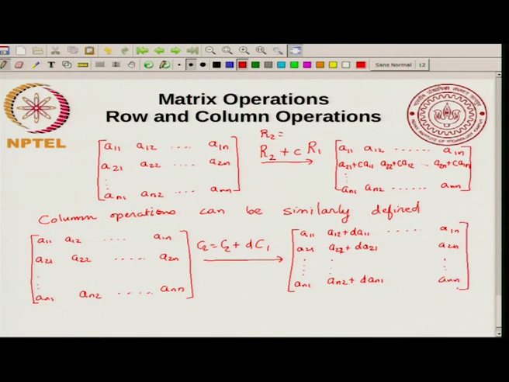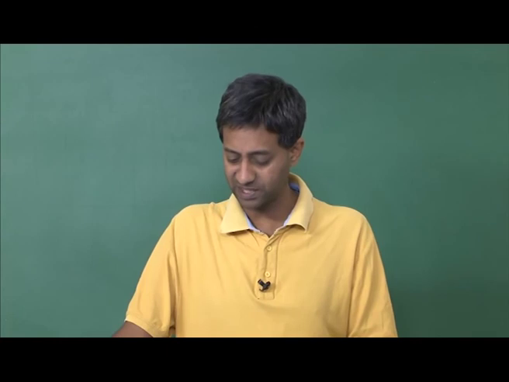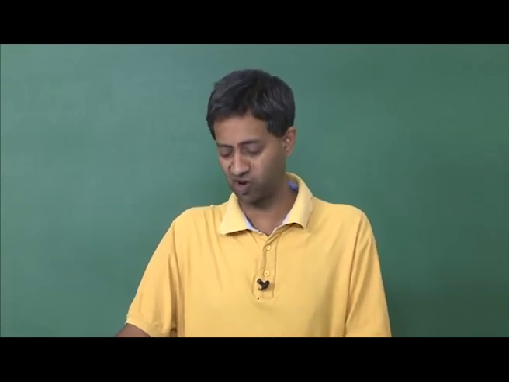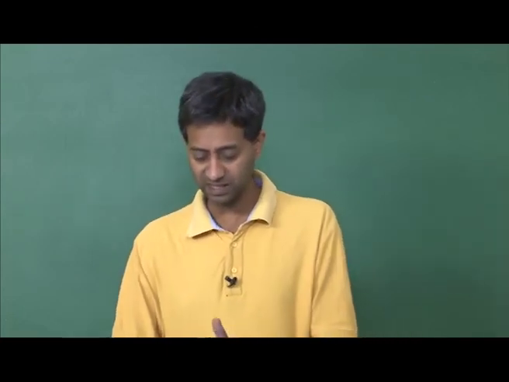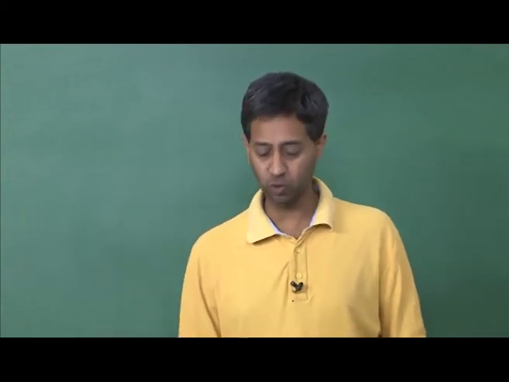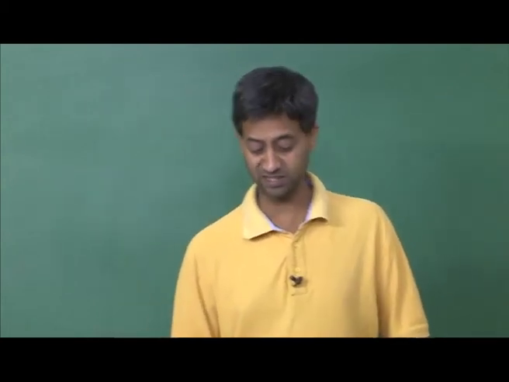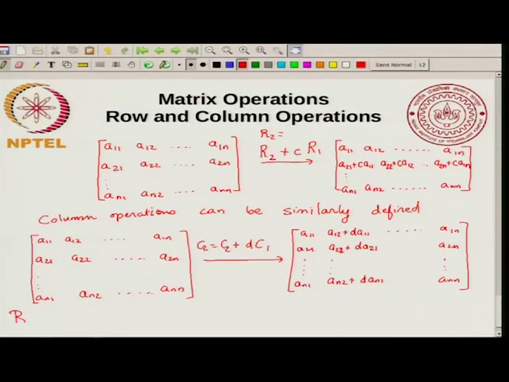By these row and column operations, you get new matrices, and there are some interesting properties of these operations. One of them is that when you do row and column operations, the determinant is unchanged.